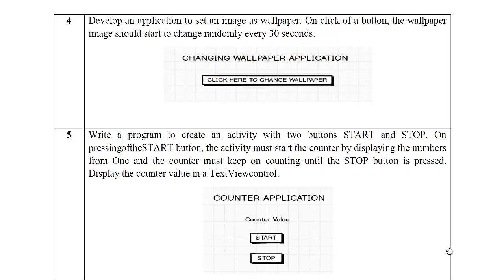For the UI we require only one button. When I click this particular button, it should automatically start changing the wallpaper of your phone. First, what do we have to do here?